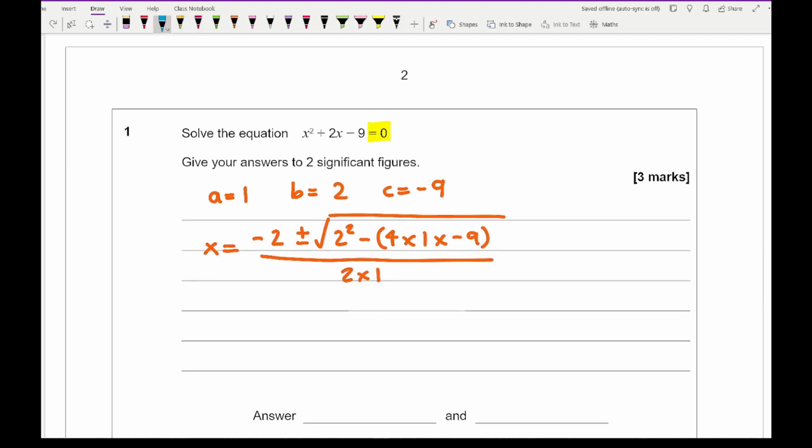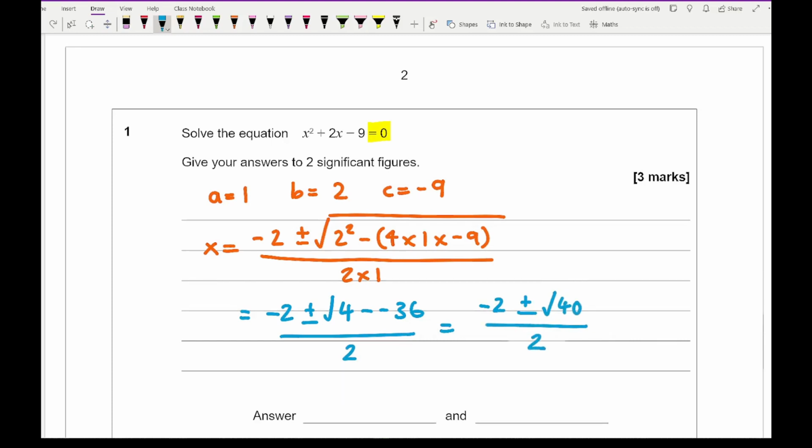Now at this stage I could substitute it straight into my calculator, but I'm going to make it a little bit easier and use my mathematical knowledge to simplify some of these. So 2 squared is 4, 4 times 1 is 4, times negative 9 is minus 36, all divided by 2. Now, 2 negatives make a positive, so that's going to be minus 2 plus or minus the square root of 4 plus 36, which is 40, divided by 2.